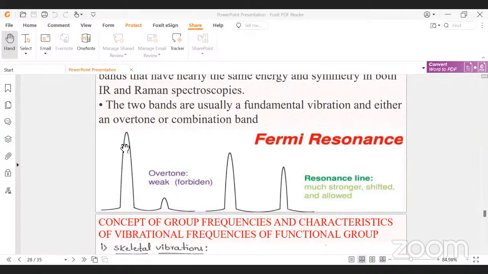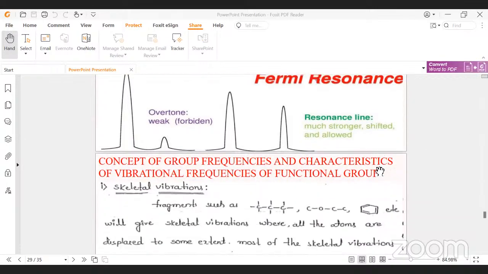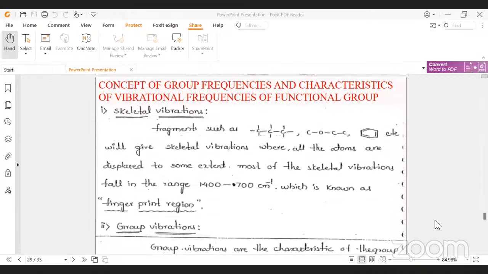By combining these two bands, this type of resonance we call Fermi resonance.